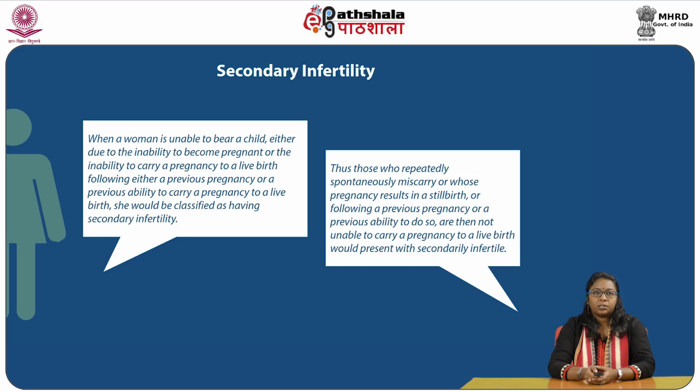Secondary infertility. When a woman is unable to bear a child, either due to inability to become pregnant or the inability to carry a pregnancy to a live birth following either a previous pregnancy or a previous ability to carry a pregnancy to a live birth, she would be classified as having secondary infertility.